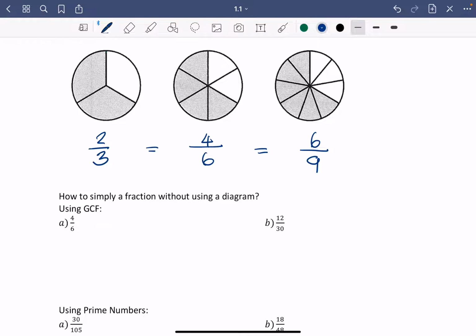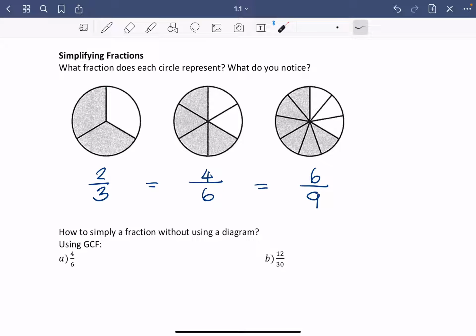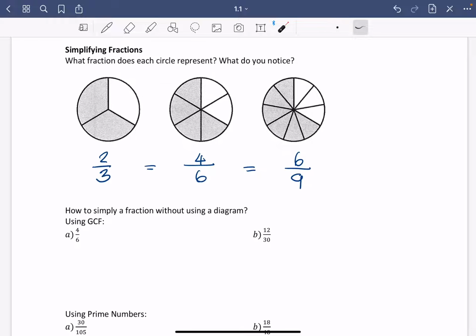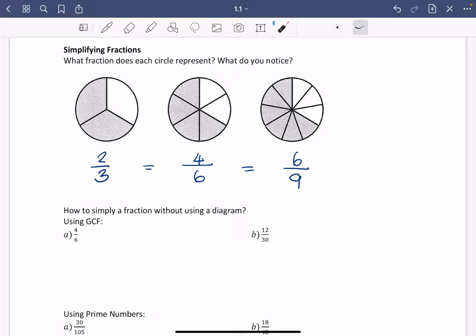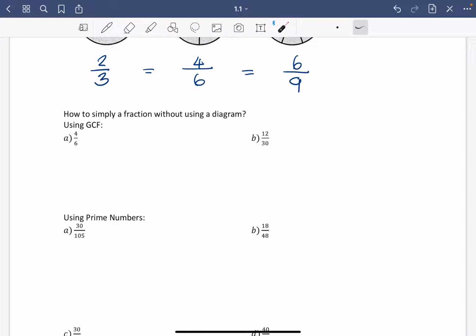So 4/6 could be reduced to 2/3, and 6/9 could be reduced to 2/3 as well. Okay. So how do we simplify a fraction without using a diagram? There are 2 methods. The first method is by using the greatest common factor, GCF.